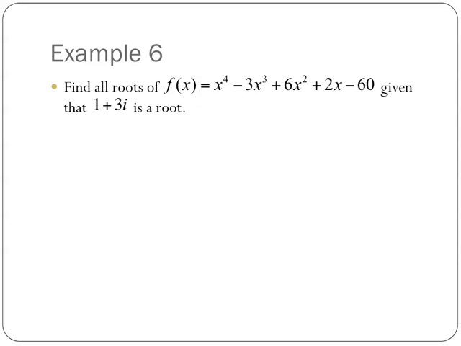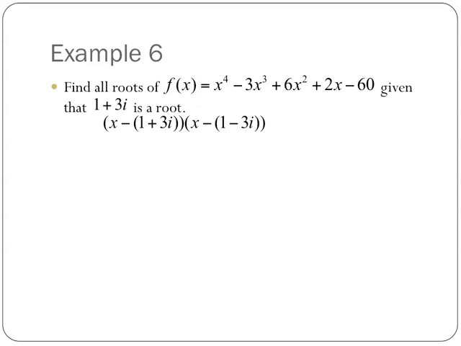So I'm going to write out the factors here. This would be x minus (1 plus 3i). And then we also know the complex conjugate is also a root. So I'm going to write down x minus (1 minus 3i) is also a root.